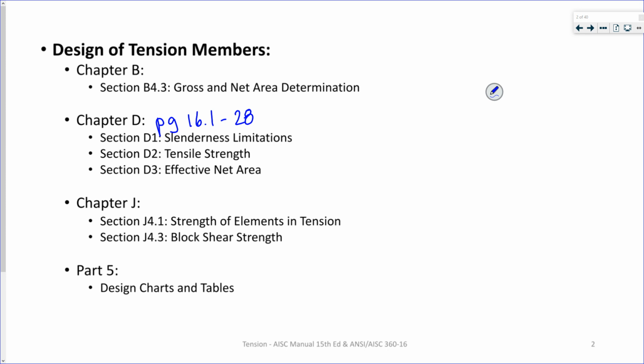If you go to chapter B, which starts on page 16.1-11, but we're actually going to go to B4.3, page 16.1-20.